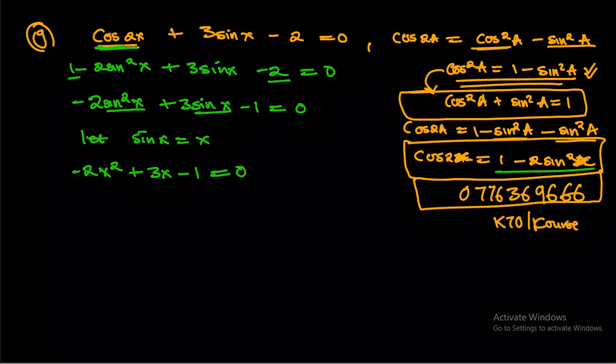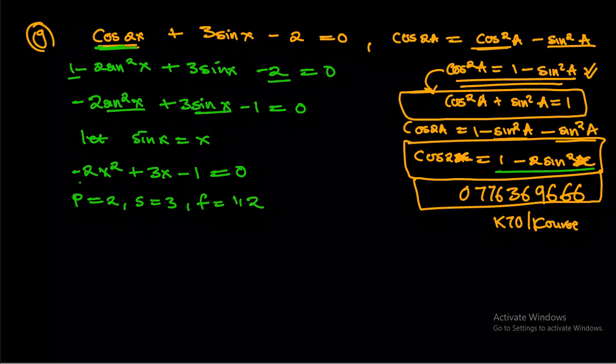I think now you can clearly see that this is just a quadratic equation in terms of sin x. Now you find the product: negative 2 times negative 1, which is 2. The sum is the coefficient of x, which is 3. The factors are two numbers that multiply to give 2 and add to give 3. It is 1 and 2.